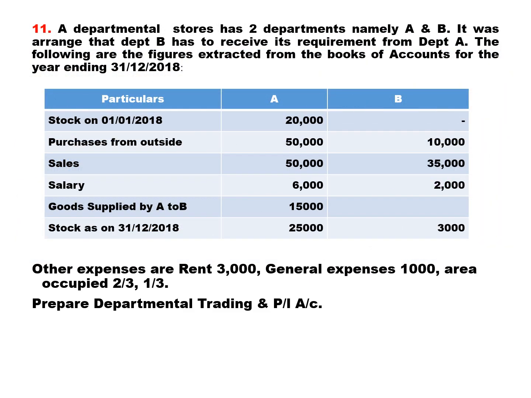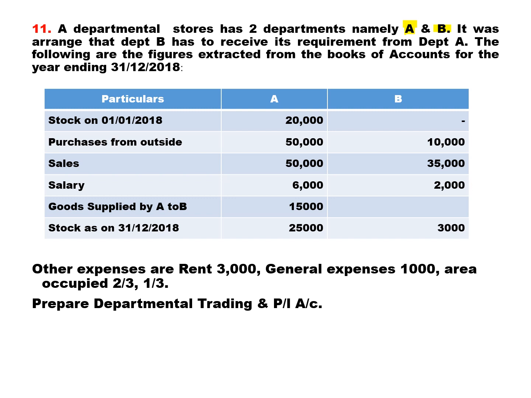So the 11th question. A departmental store has two departments, namely A and B. It was arranged that department B has to receive its requirements from department A. So whatever stock that B requires, it has to get from A. So A is a supplier department, B is a receiving department.